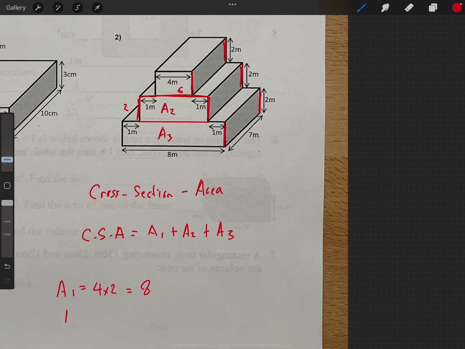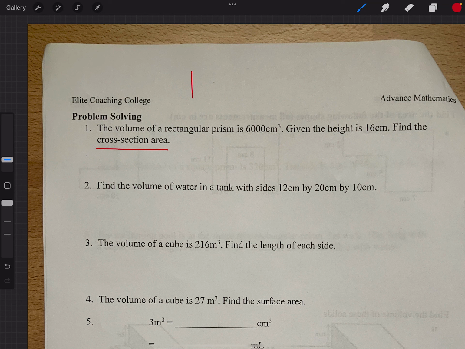The volume of a rectangular prism is 6,000 centimeters cubed. Given the height is 16, find the cross-section area. See, now we're looking at cross-section area, so you need to understand what that is. Here you have a rectangular prism, which looks something like this.